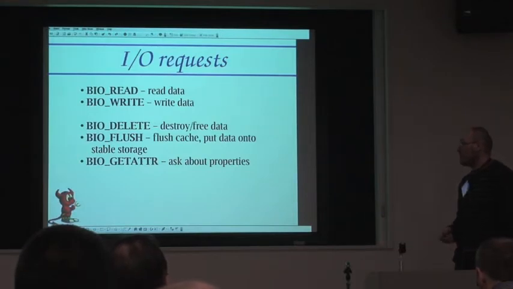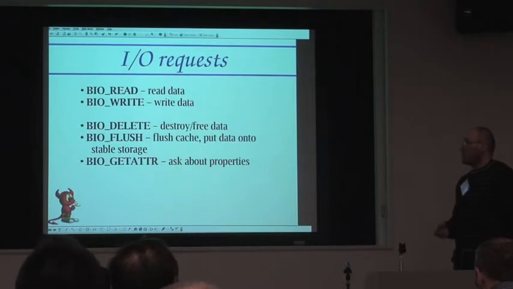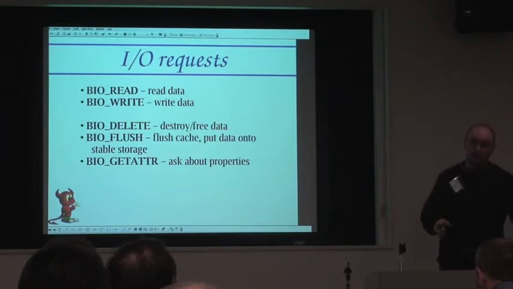But we also have bio delete, which can be used to free or destroy the data. For example, when we have a file system which removes some file and frees some blocks, we can say bio delete to tell the underlying provider that we don't need this data anymore.